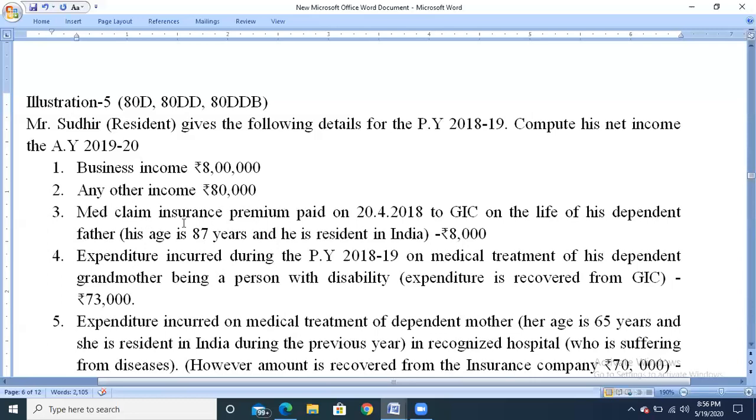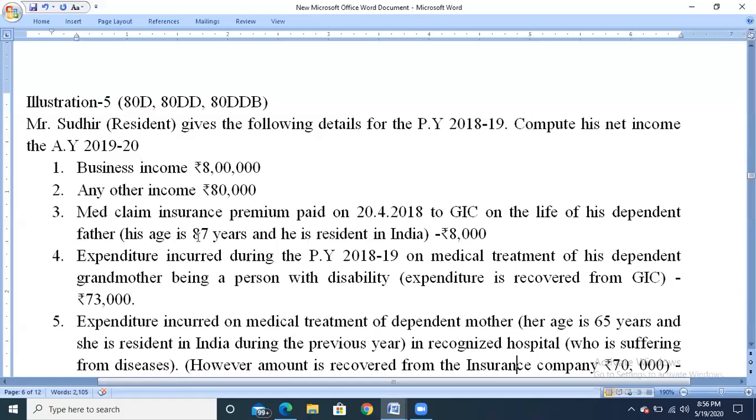First one, medical insurance premium paid on 20-4-2018, previous year, to a general insurance company on the life of his dependent father. His age is 87 years and he is resident in India, rupees 8,000.